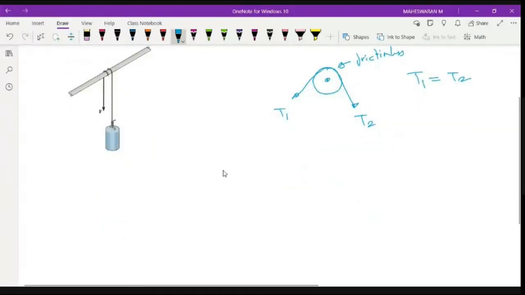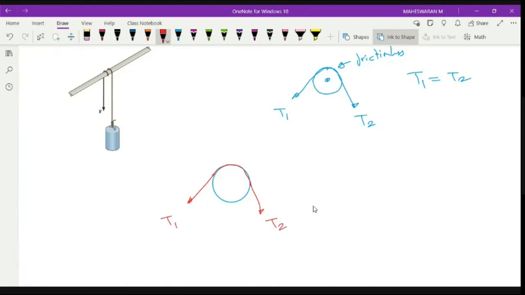For example, this is my pulley, and you have T1 and T2 passing over this pulley. This is my T1, this is my T2.